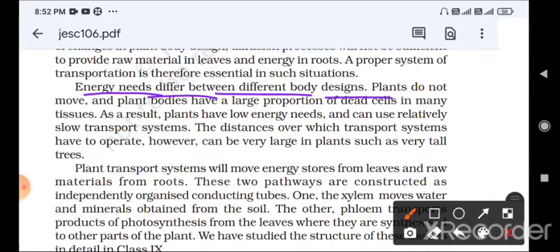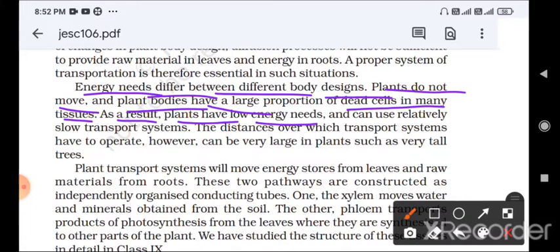Plants do not move, and plant bodies have a large portion of dead cells in many tissues. Plant cells do not move, they are constant, and they require less energy because almost all cells in the plant body are dead cells. As a result, plants have low energy needs.